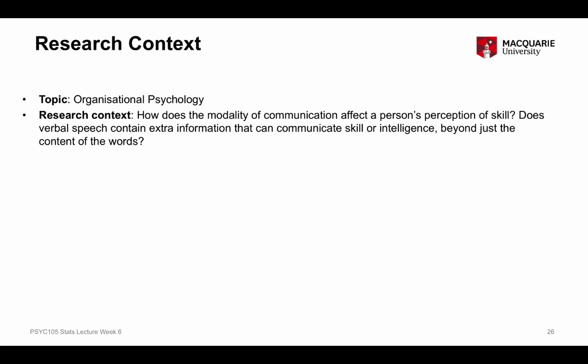So does verbal speech contain extra information that can communicate skill or intelligence beyond just the content of the words that are spoken themselves? Our study design is an experiment, and particularly a between subjects manipulation. That's necessary for the independent samples t-test because the groups that we're comparing have to be independent groups, and that's what they are in a between subjects manipulation.